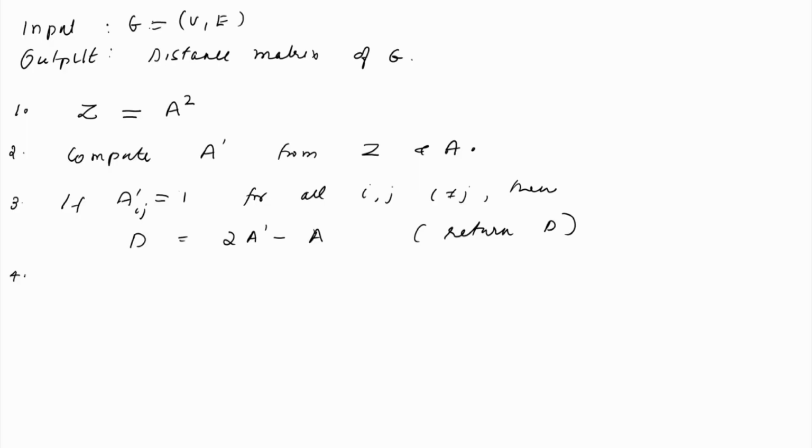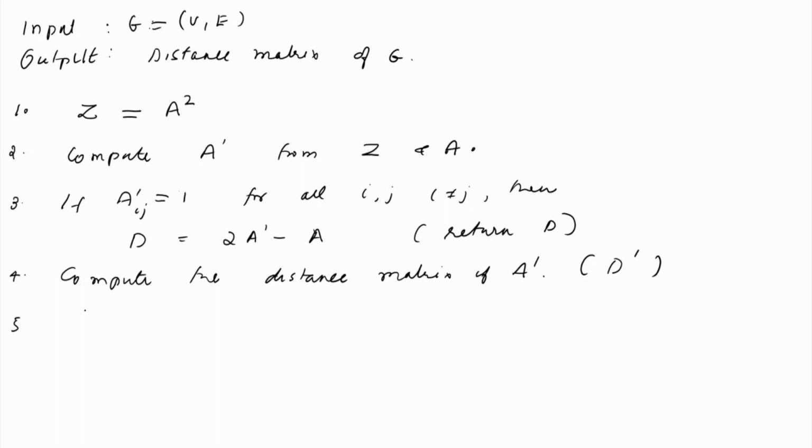If that is not the case, we need to recursively compute the distance matrix of A prime. Let us call it D prime, and its adjacency matrix is A prime.